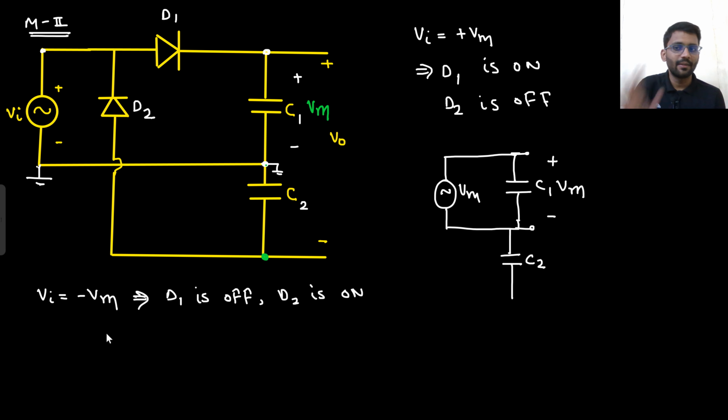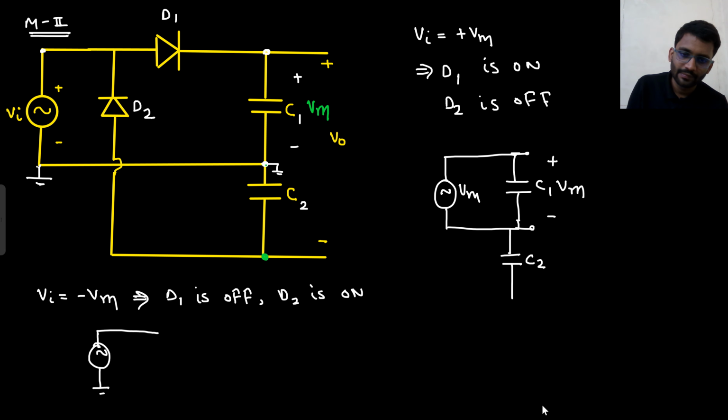How will the circuit look? D1 is off, so C1 will become open-ended now. It will go something like this, and then there is this C2.